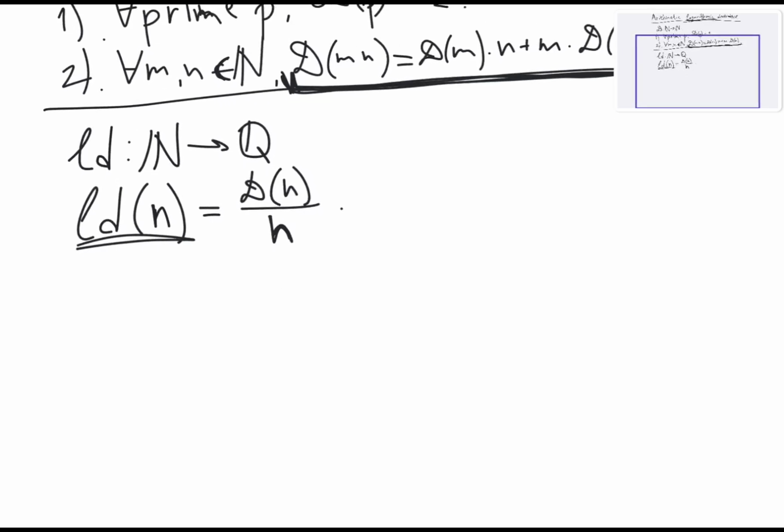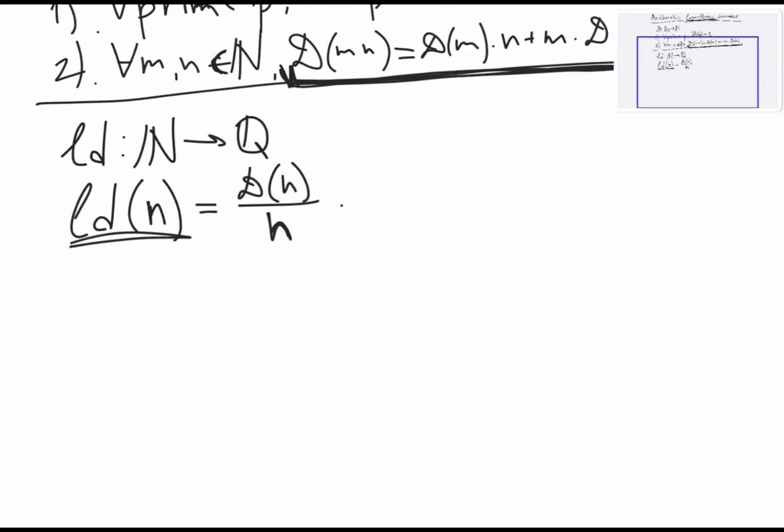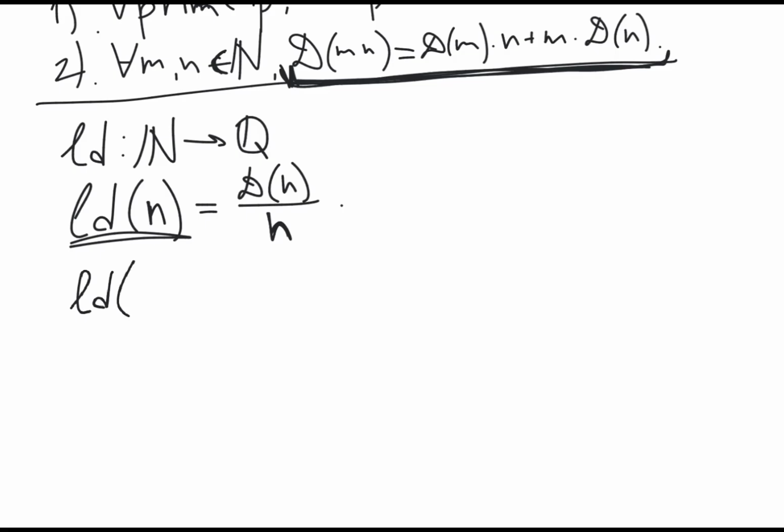So we simply see that when we write the arithmetic logarithmic derivative of the product m multiplied by n, this is equal to d of m multiplied by n over m multiplied by n.